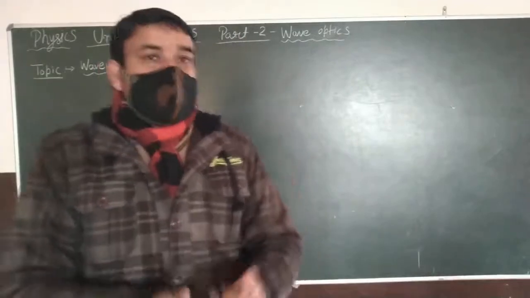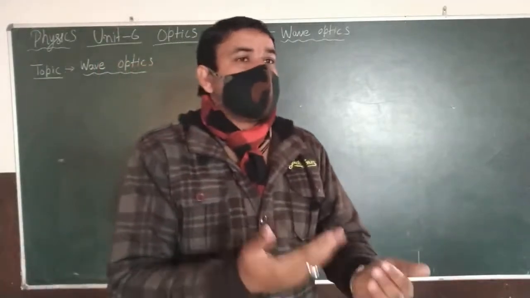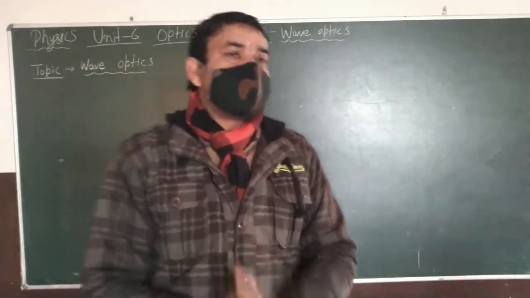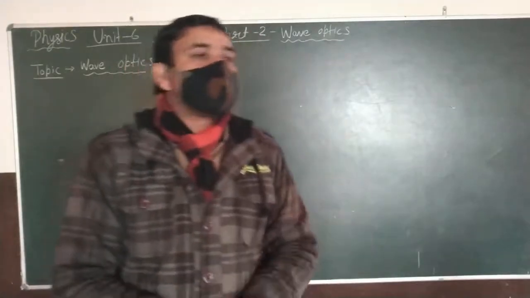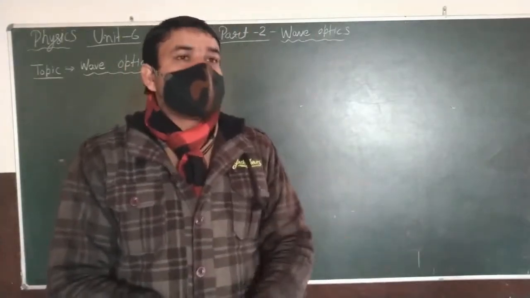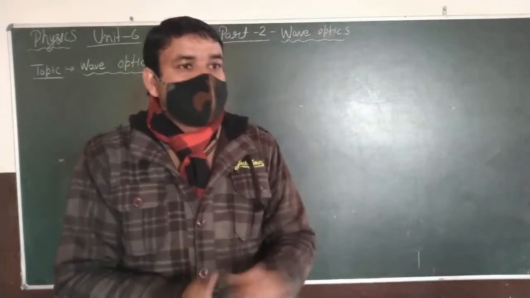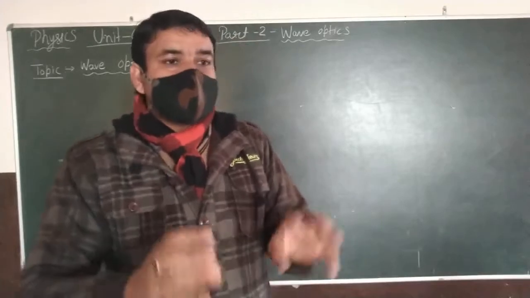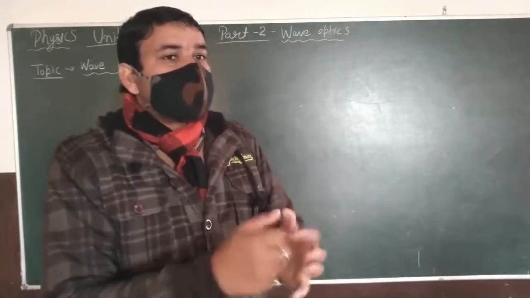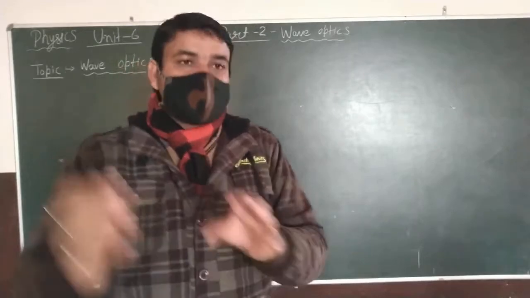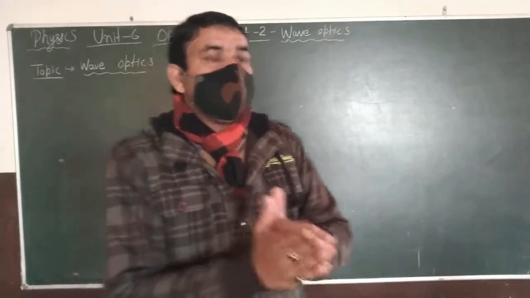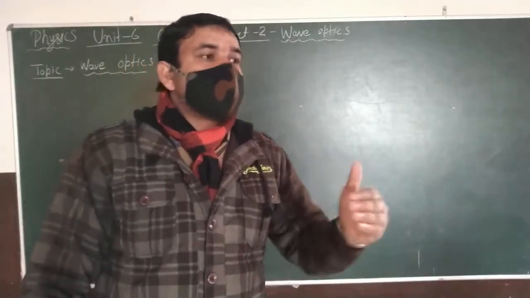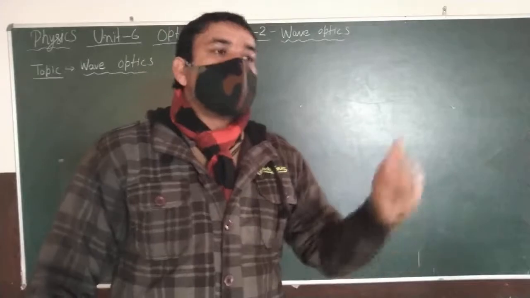After that, in 1678, after the work done by Newton on optics, the Dutch physicist Christian Huygens did some work on the same thing, and he assumed that these small particles are the light particles, and they have some energy, and when they are moving, each particle behaves like a wave.